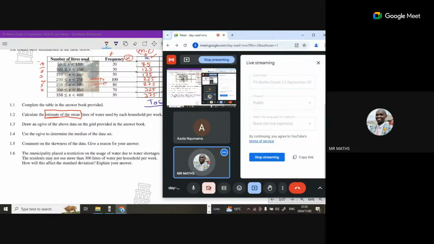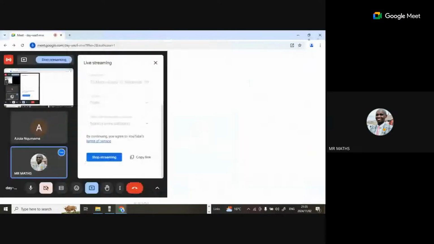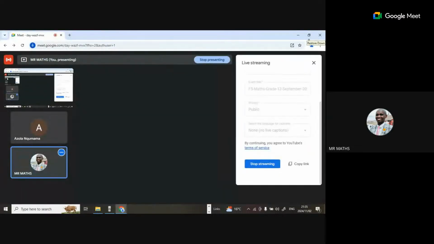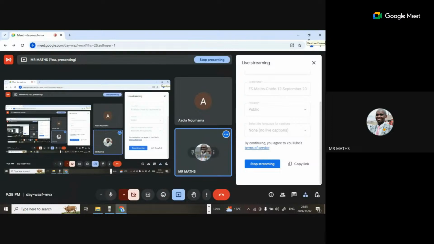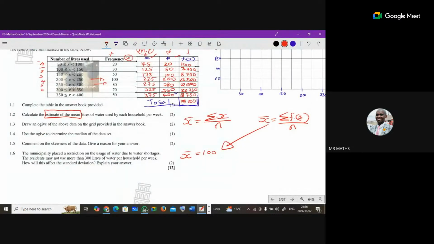Ndimxelele apha. Yonke ungenayo uqala uvule. Phinda utry ungena, uqala uvule i-audio, iza kubonisa i-audio, uyi-allow ivuleke then ungene ke.